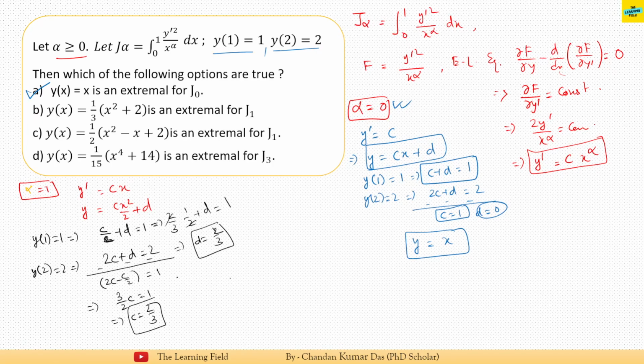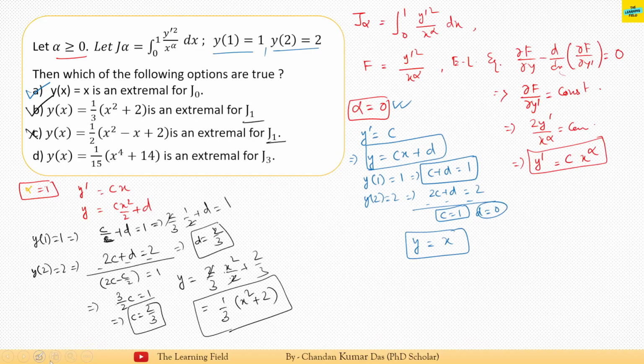So y equal to what? y equal to c into x square by 2, c means 2 by 3 into x square by 2 plus 2 by 3. So 2 got cancelled. If we take common 1 by 3, then this will be x square plus 2. That means this option B is also correct, and for alpha equal to 1, option C is not.